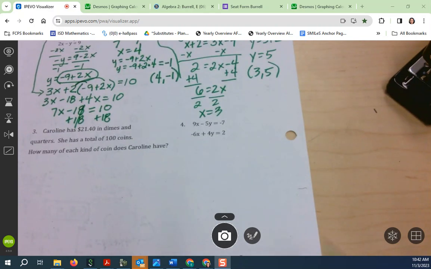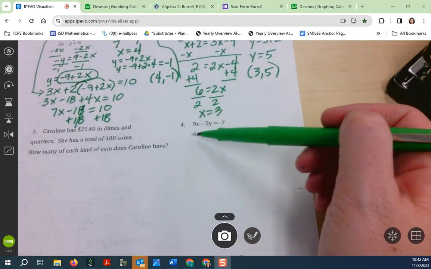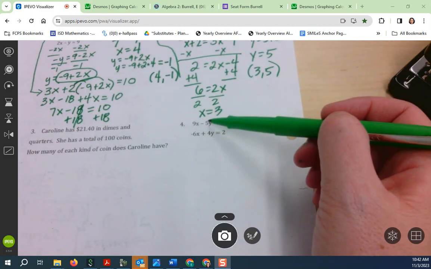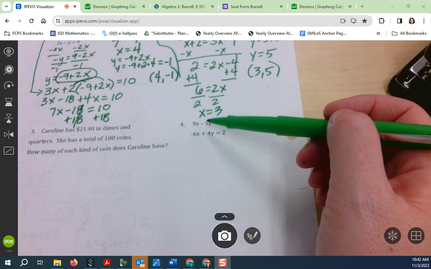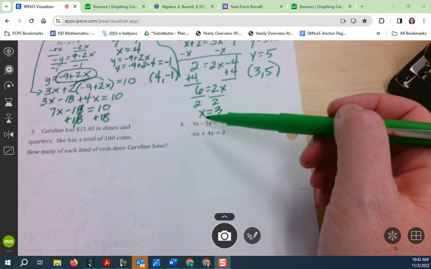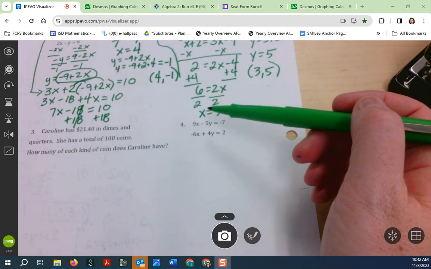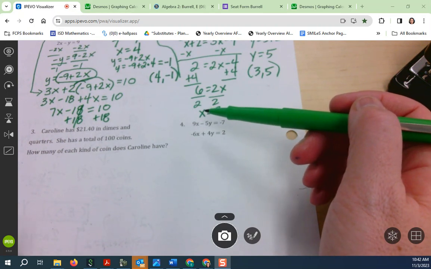So in number 4, there's no number I can multiply negative 6 by to get negative 9, and no number I can multiply 4 by to get 5. And so what happens is I have to multiply both equations. You can actually multiply them both by their same coefficient.